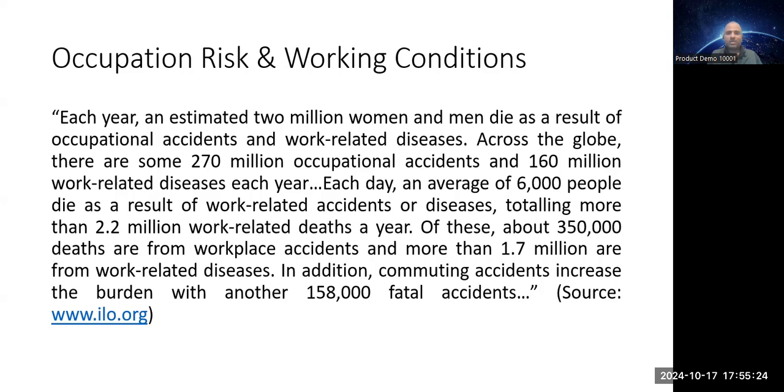Out of this total, 350,000 deaths are from workplace accidents, and more than 1.7 million are from work-related disease. Commuting accidents equal 158,000 in fatal accidents as well. And this is from ILO.org, the International Labour Organization.